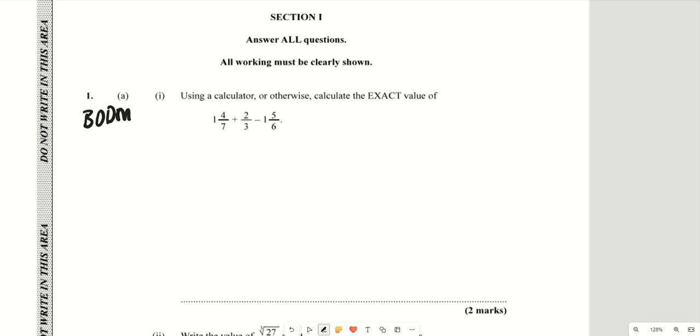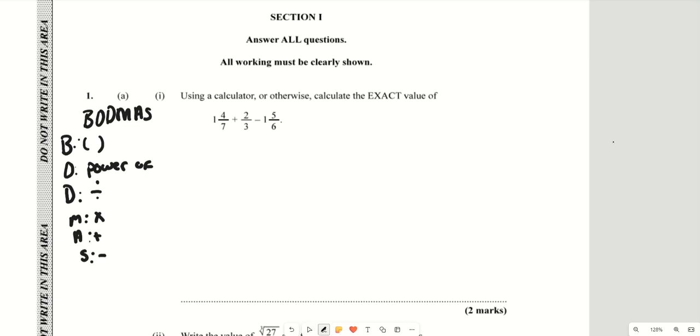Everyone knows B stands for brackets, so if you see brackets, that's what you do first. O stands for power of, so if you see any powers, you do that after the brackets. D is division, M is multiplication, A is addition, and S is subtraction.